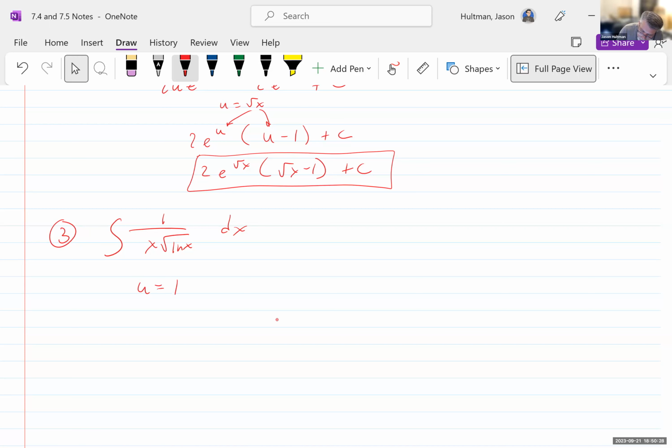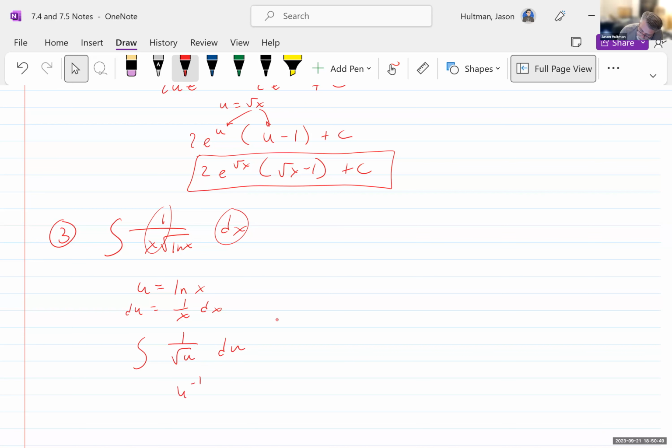because if I take u equal to the natural log of x, then du equals 1 over x dx. So here's my 1 over x, and there's my dx. So this just becomes the integral of 1 over the square root of u du. That's nice.